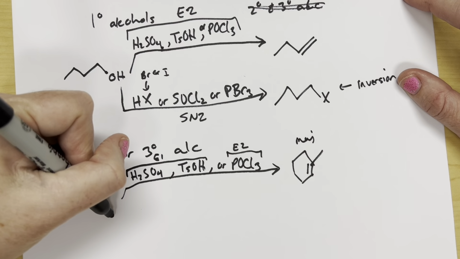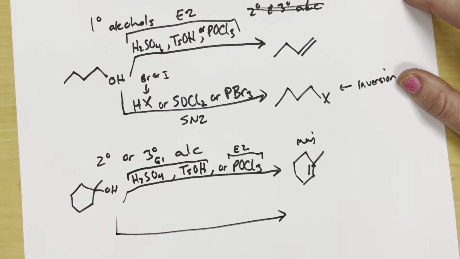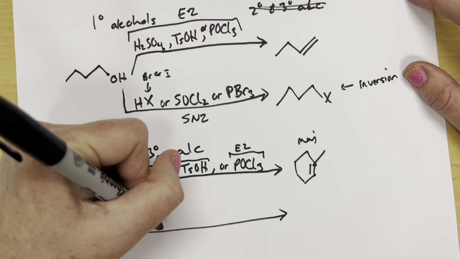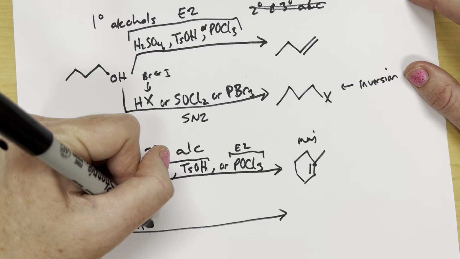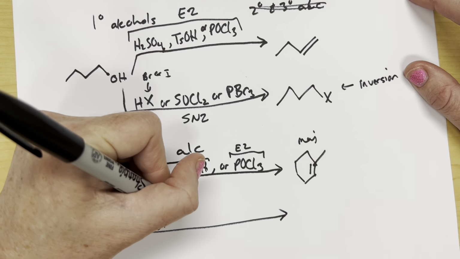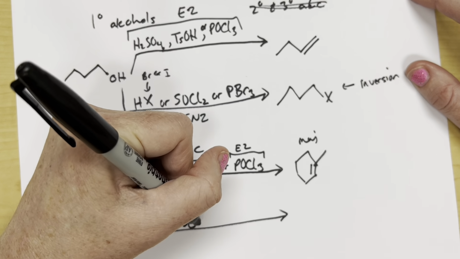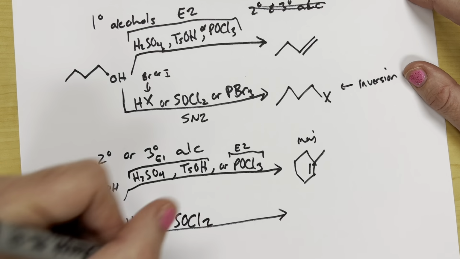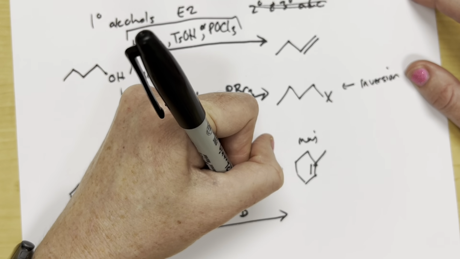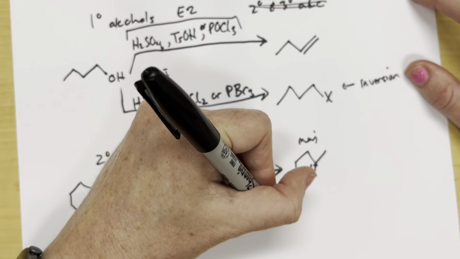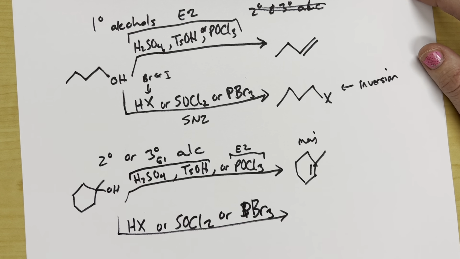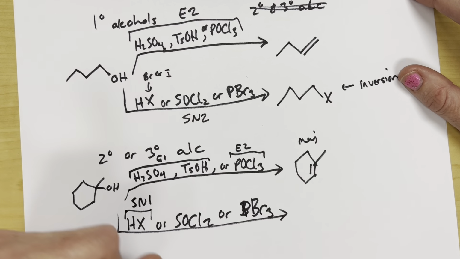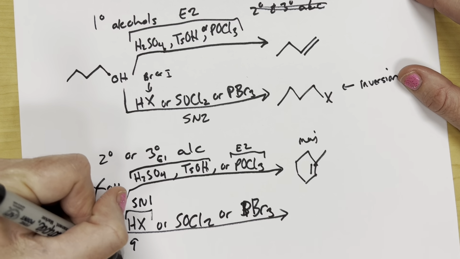Then we have substitution reactions. So we could react it with HX or SOCl2 or PBr3. In HX, this will occur via SN1. So here you'll get the racemic mixture.